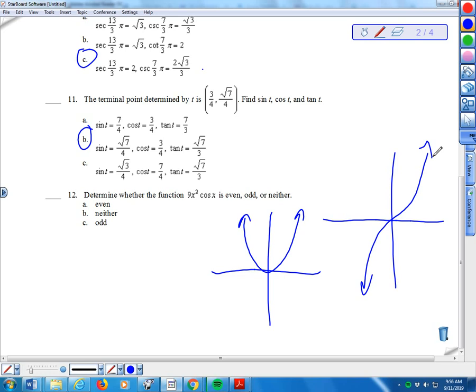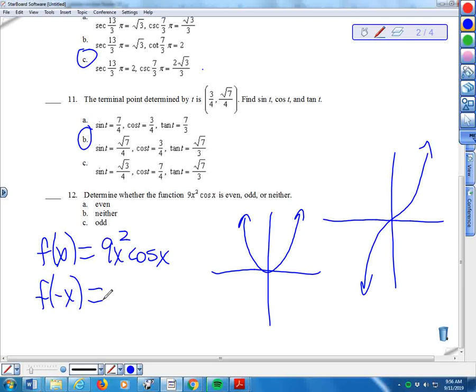Okay, the way you test this algebraically is you plug negative x in everywhere there's an x. So if f of x equals 9x squared cosine x, I'm going to plug negative x in for x. If I get exactly the same function that I started with, it's even.